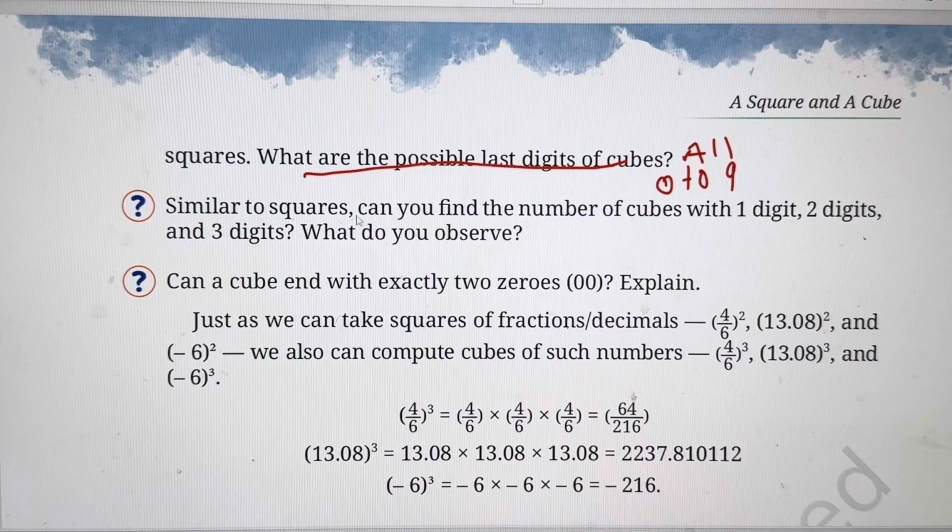Now similar to squares, can you find the number of cubes with 1 digit, 2 digits, 3 digits, and what do you observe? For 1 digit, we saw there were 2: 1 cube is 1, 2 cube is 8. So there are 2 such numbers with 1 digit as the cubic number. For 2 digits, let us see the table.